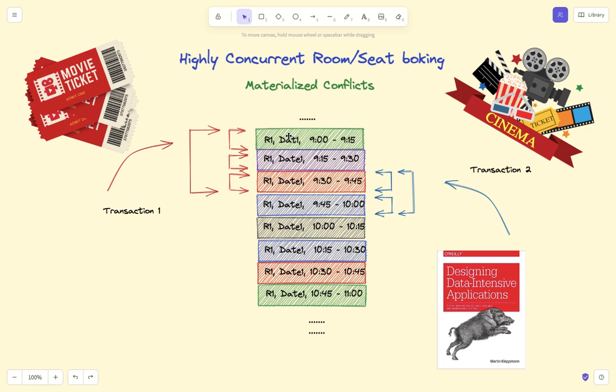So we ensure only one of the transactions is able to book that seat, meeting room, or phone. This way we are handling parallel transactions, we are handling concurrency, and we are ensuring that only one of the parallel transactions is able to book that particular slot, room, seat, or phone.